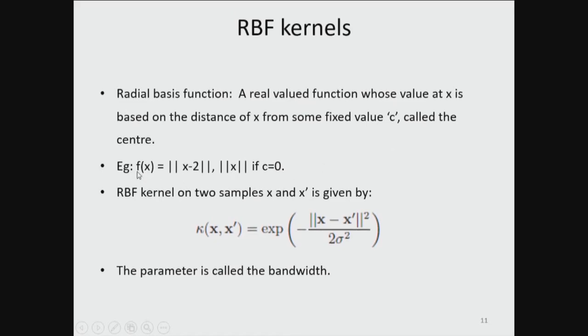Some examples: f of x equal to norm x minus 2, where the center c is taken to be 2, and norm x where c is assumed to be 0, and this is the typical case of R1. This can be extended to any other dimension.